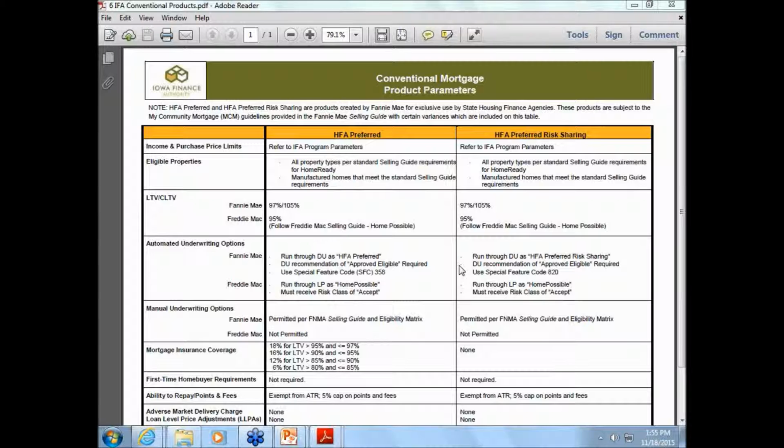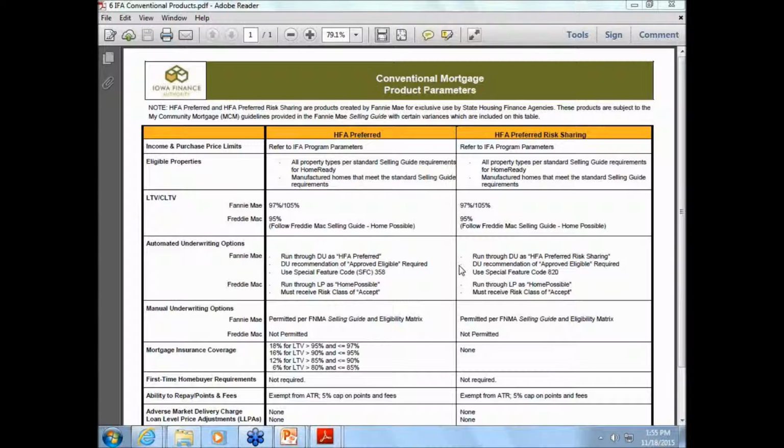So now it's going to be follow the HomeReady selling guidelines, with these variances. Most of the guidelines are going to be similar to what you're following anyway. These are the only things that would be potentially different from what the other My Community Mortgage or HomeReady Mortgage might be doing without the HFA preferred option.